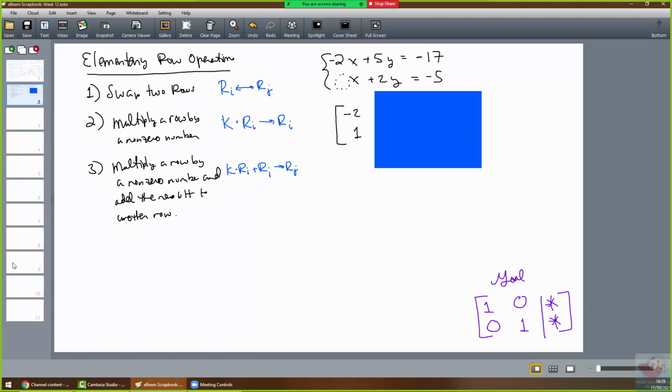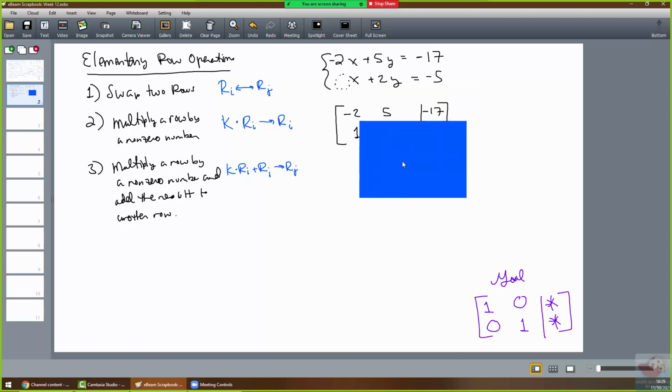Number 2 says we could multiply the first row by -1/2, because -1/2 times -2 makes +1. But sneaky, notice that would make fractions at the 5 and -17, because you have to multiply all the way across. Now, working with halves is not terrible, but so far the first operation's the winner because there's no fractions involved.